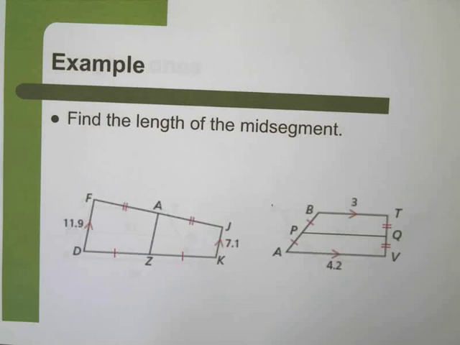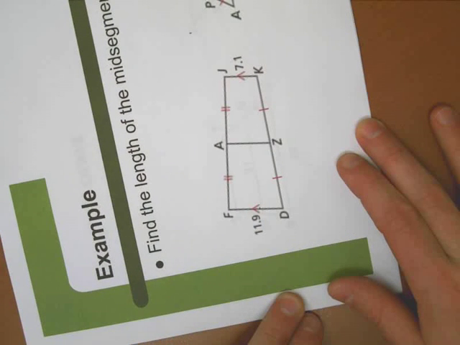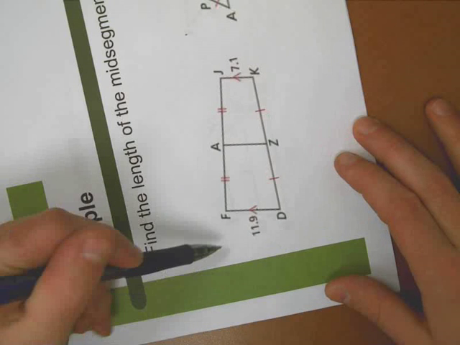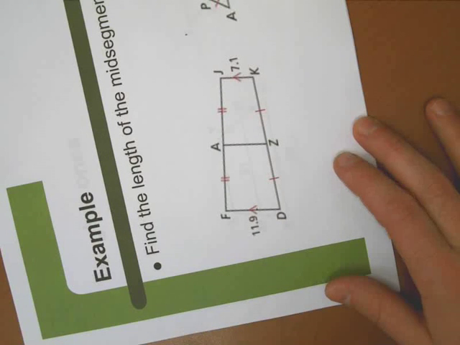Okay, so let's go through and do some example problems. Let's find the length of each mid-segment. So in this case, here are the parallel lines, right? And if it helps you, don't feel afraid to rotate the paper and make it look like this, okay? Rotating your paper is never a bad idea. But you can see I'm trying to find the length of AZ here.